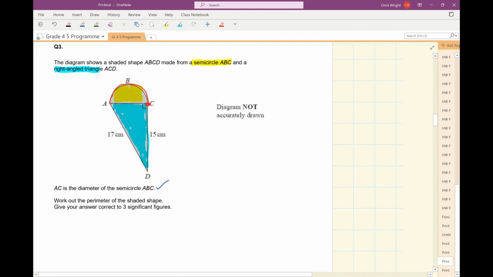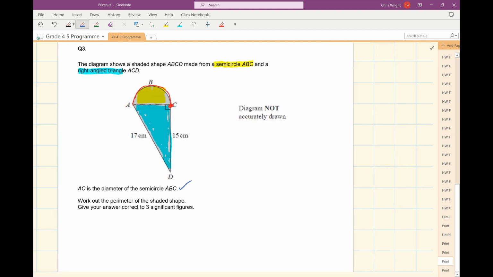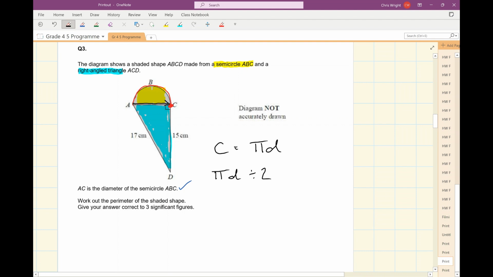But I do know that that is half the circumference of the circle. Now the whole circumference is pi d, pi times the diameter. And so I want pi times d divided by 2, because I only want half the circumference. I wish I knew what that d was.